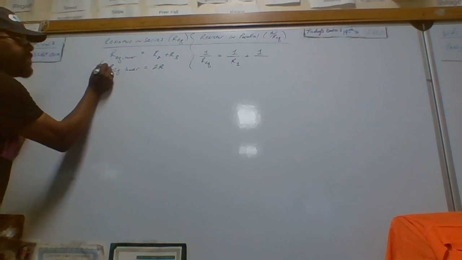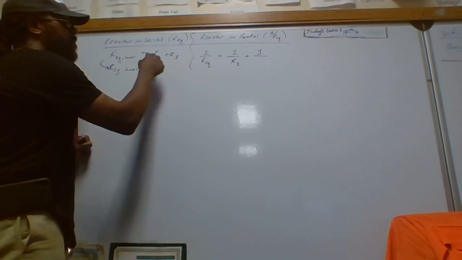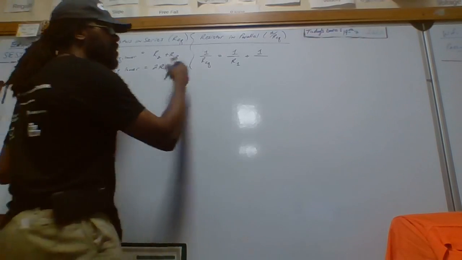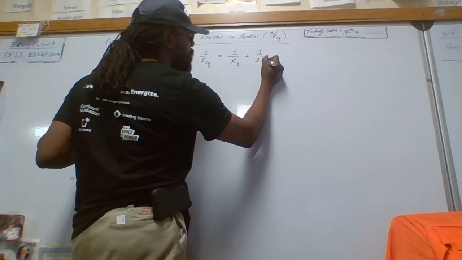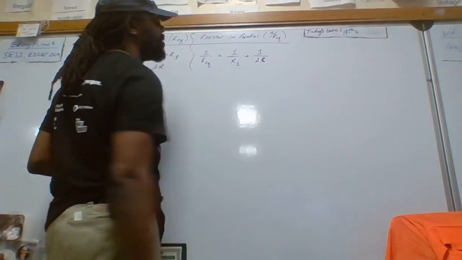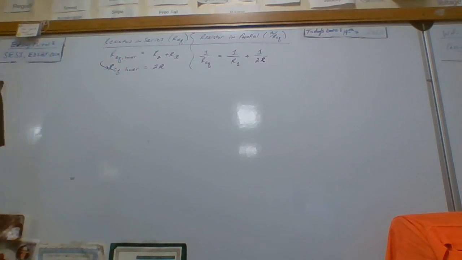Because this basically becomes this. Since these are the same resistor values, you just say 2R, or 2 times R, the same resistance. So now we're ready to set up our known and unknown values, and then of course solve for this amazing problem.